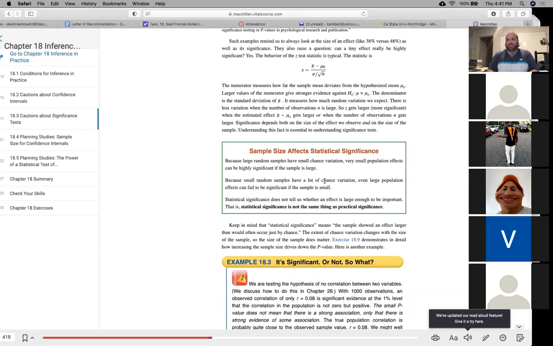Sample size affecting statistical significance. The larger the sample, the smaller the variation, because we know by the law of large numbers that you kind of home in on the true value. Okay, so because large random samples have small chance variation, very small population effects can be highly significant if the sample is large. If the sample is too large in comparison to the population, which is very small, we have issues.